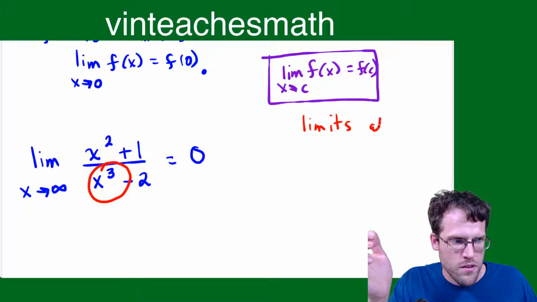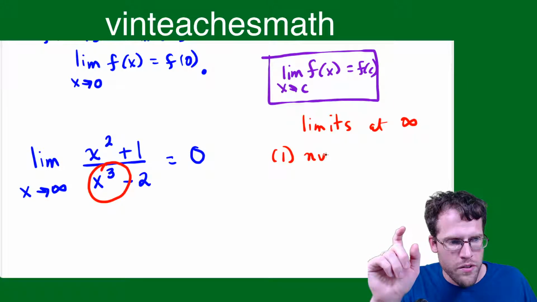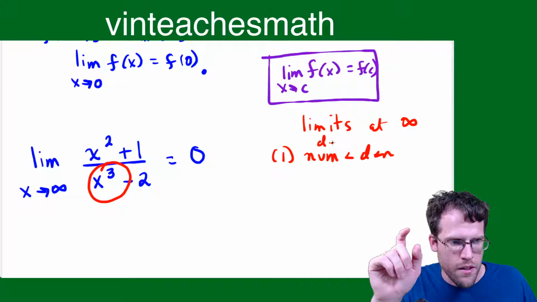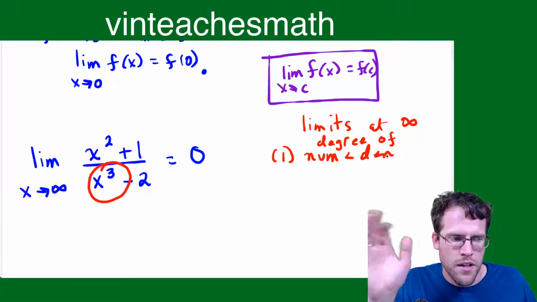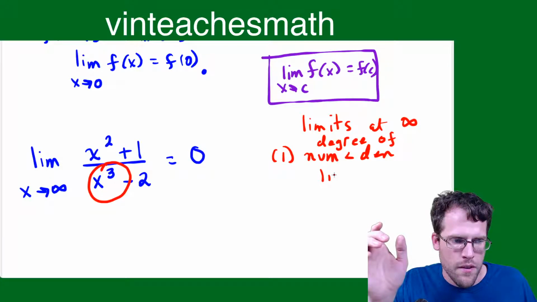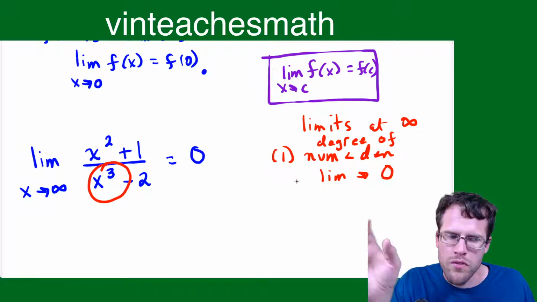These are informal notes: if the degree of the numerator is less than the degree of the denominator, then the limit goes to 0. That's something you could answer really, really quickly.